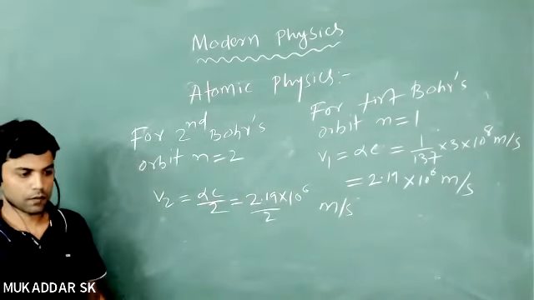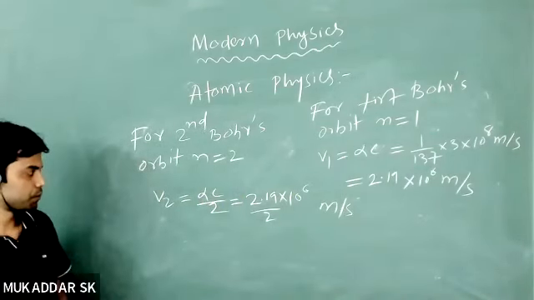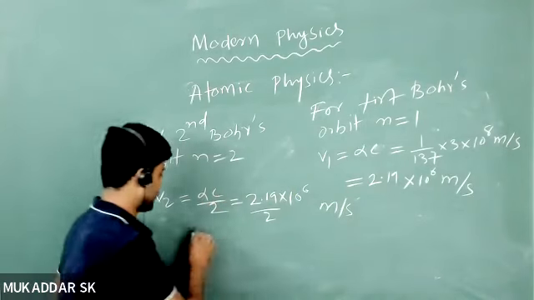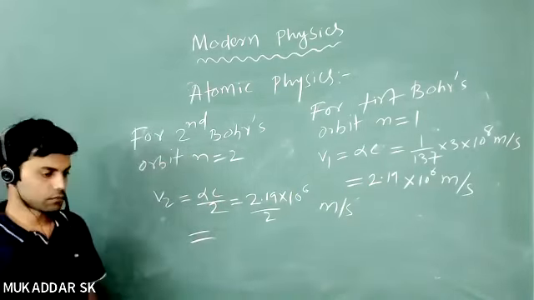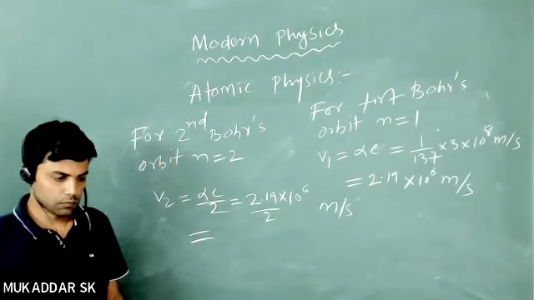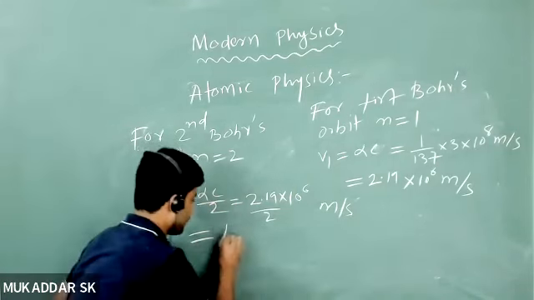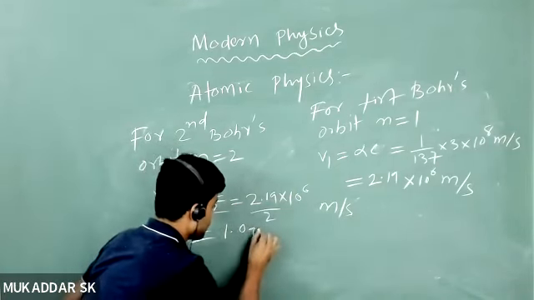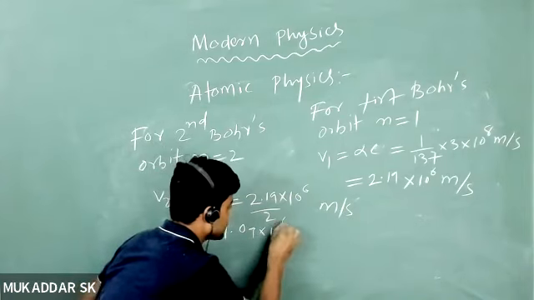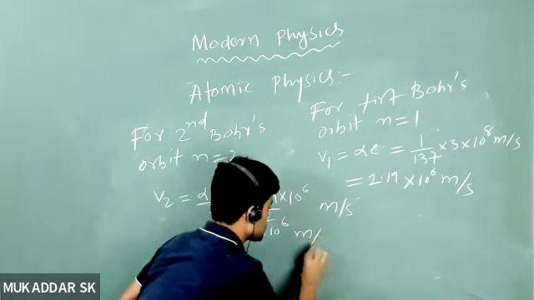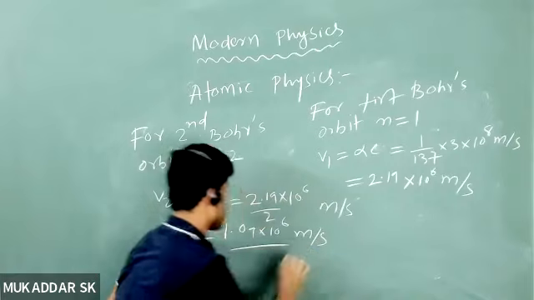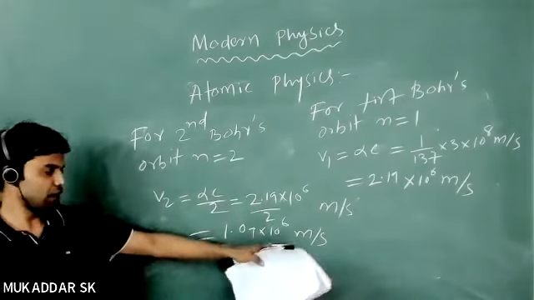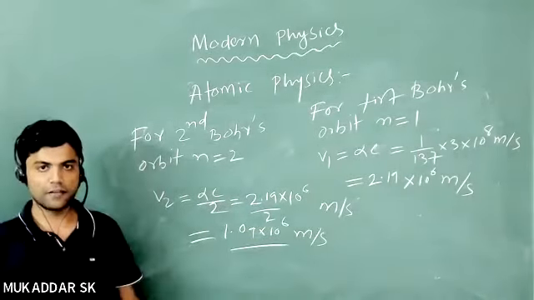How much will be that speed? 1.095, very good. 1.09 into 10 to the power 6 meter per second. You can see that digit 10 to the power 6. It's a very high speed.